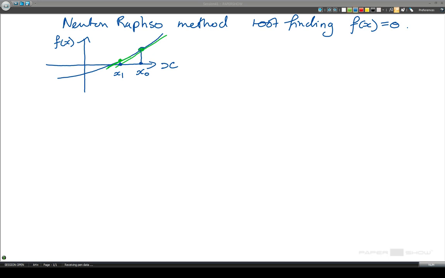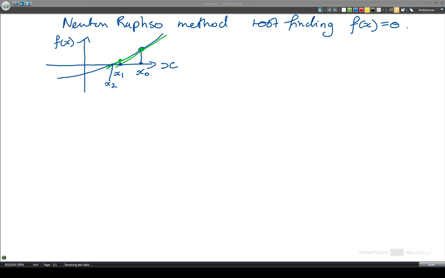And our next guess for x2 is really going to be so close that really I cannot draw it anymore. Okay, so this is a sort of diagrammatic representation of how we find a root.